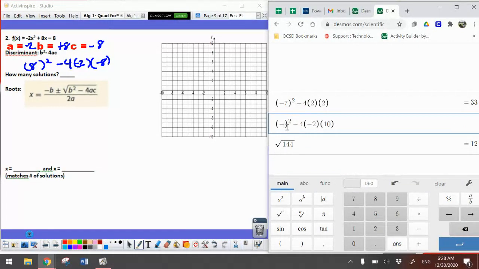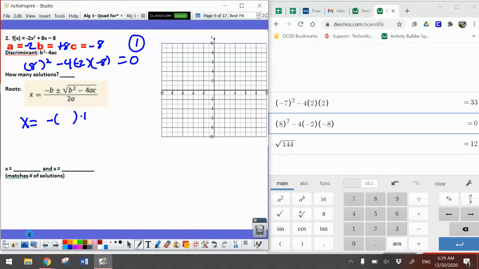I'm going to just retype it into this one since I already have that formula in there. And you see that I get 0. Okay, this is 0, so that tells me that I'm going to come up with one root.